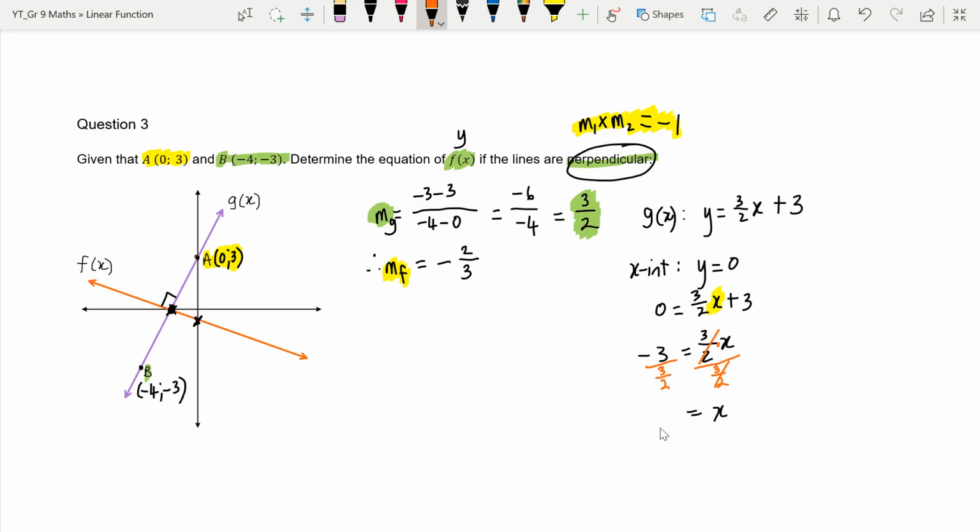What would that be? I've got a feeling that it would be -2, but let's just quickly check. I don't have my calculator close, so let's just quickly do a calculation. It's -3, let's just put it over 1, that is being divided by 3 over 2. And that would be times by 2 over 3. Yeah, that works. How did I think about it initially?